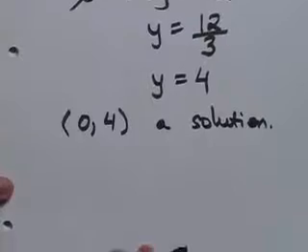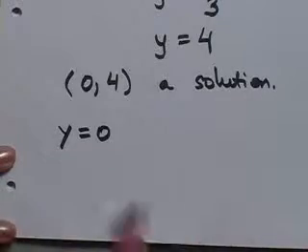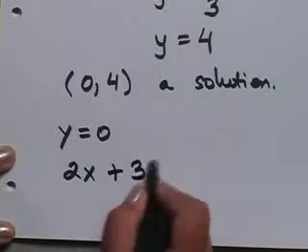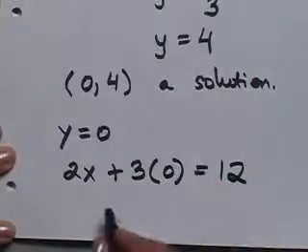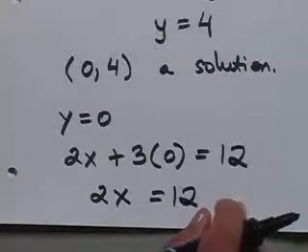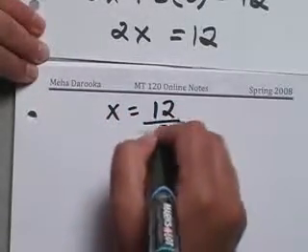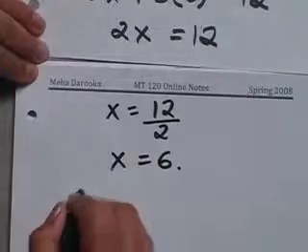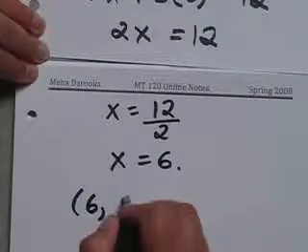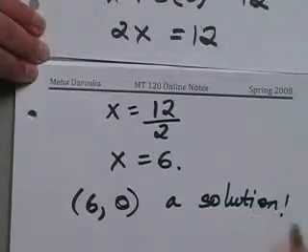In the same manner, you could have selected y as 0, and using that value, you could have come up with the value for x. And again you will see that we have a new ordered pair now, 6, 0, and this is also a solution to my given equation.